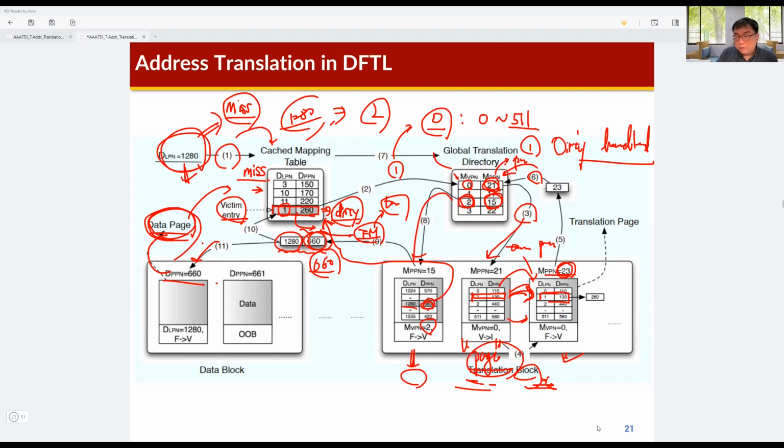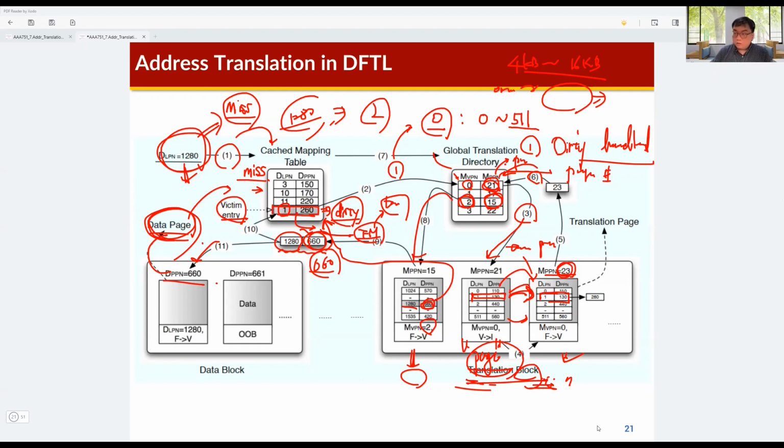Because the page size is about 4 kilobytes to 16 kilobytes, one page can store multiple translation entries. So actually this is the page number. These pages are managed inside of the translation block.